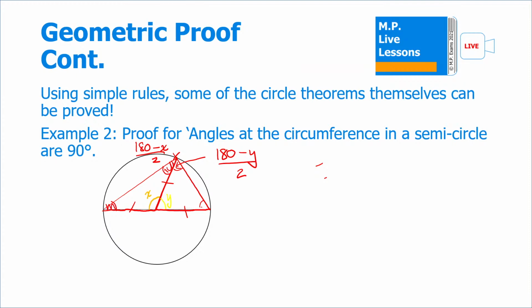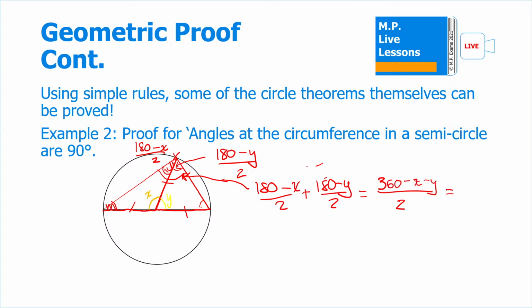So you get, at the end, this gigantic angle is equal to 180 minus x over 2 plus 180 minus y over 2. And since we can combine these together, we get 360 minus x minus y over 2. And this 360 can be divided by 2, so we get 180 minus x minus y.